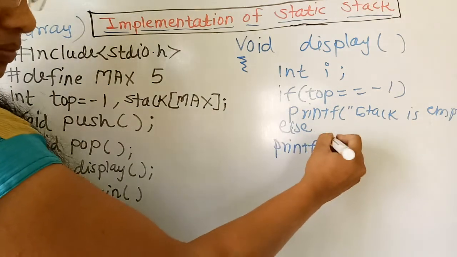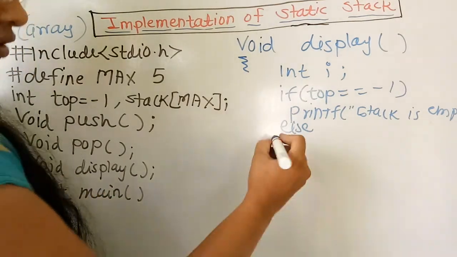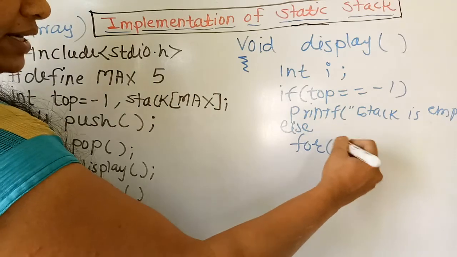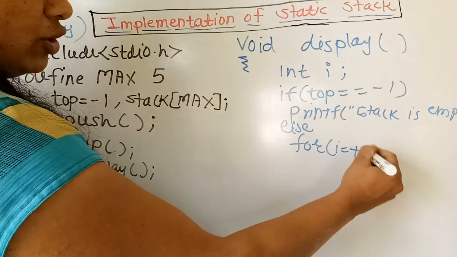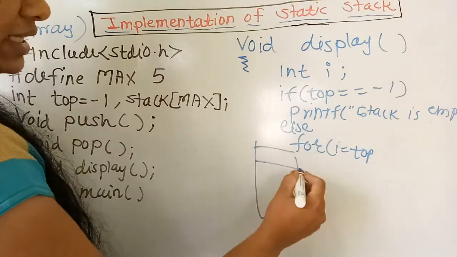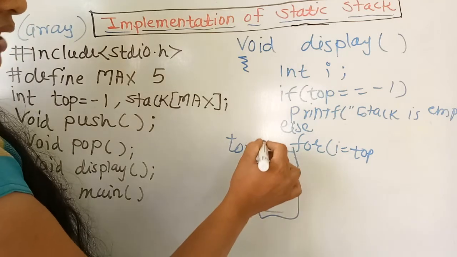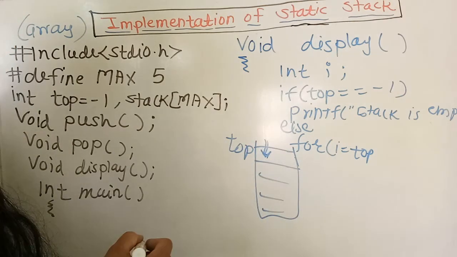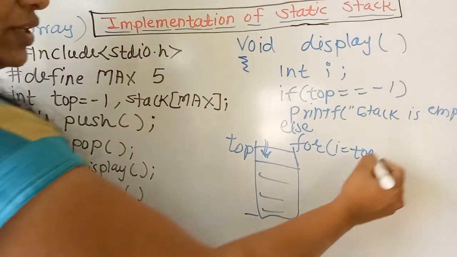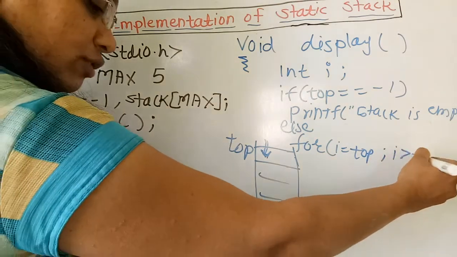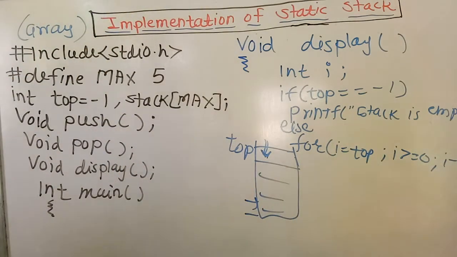For displaying the elements of the stack, we will take a for loop. For example, top is pointing to this position, like this. The stack is filled with the top at the topmost position. Then we have to start our for loop from top. We have to continue while i is greater than or equal to 0, with i minus minus, until it reaches the bottom of the stack.